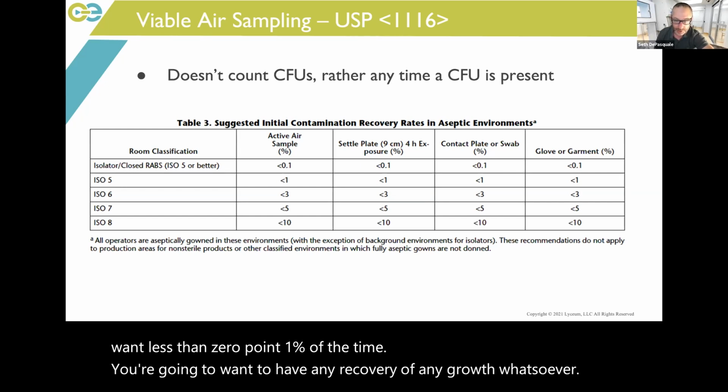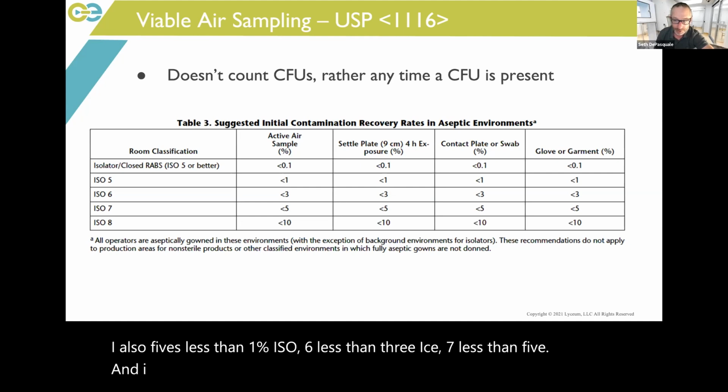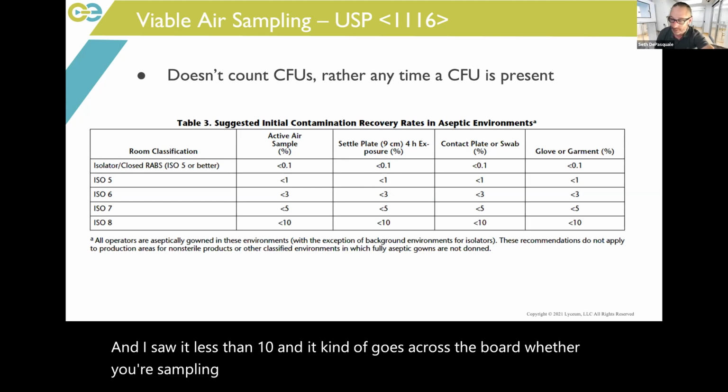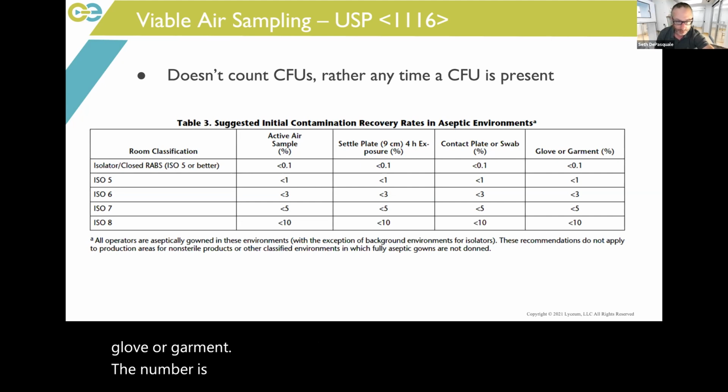ISO 5 is less than 1%, ISO 6 less than 3%, ISO 7 less than 5%, and ISO 8 less than 10%. And it goes across the board whether you're doing active air sampling, settle plates, contact plates, or a glove or garment. The numbers basically stay the same within the ISO class.